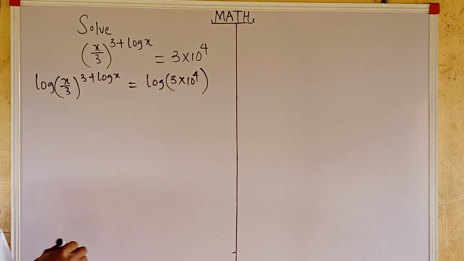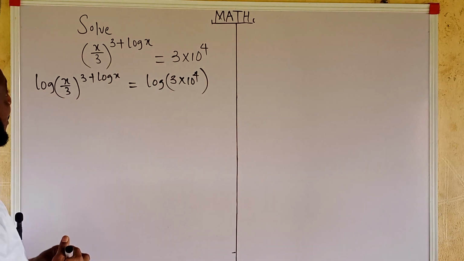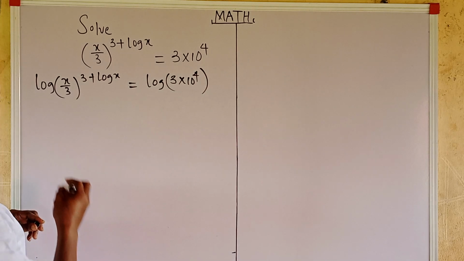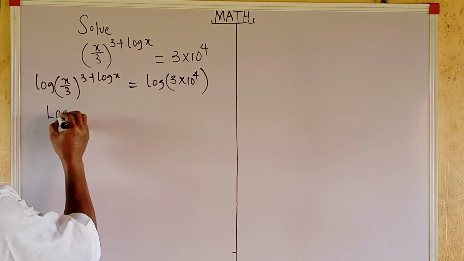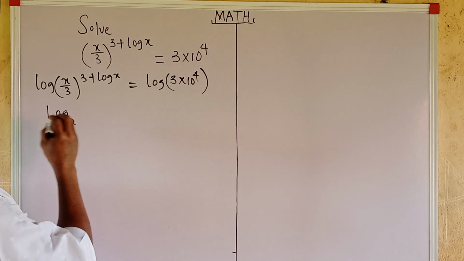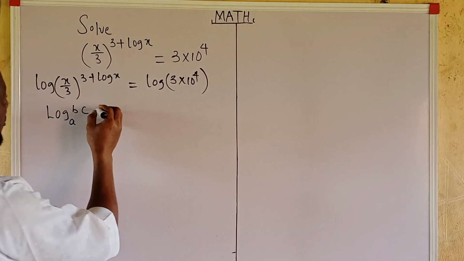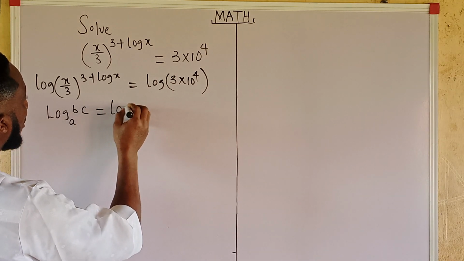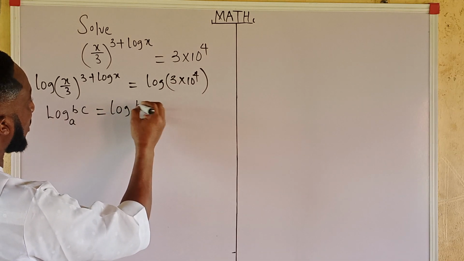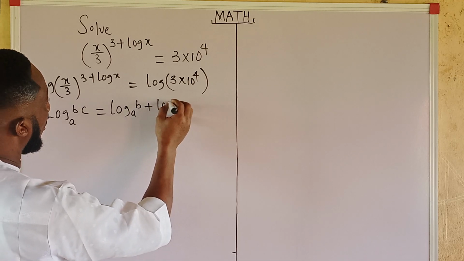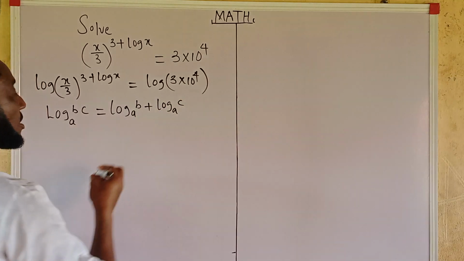Okay. Have we done this? The next thing is to use some of the fundamental theorems in logarithm. We know that if we have the log to the base a of the argument b multiplied by c, we can write this as log to the base a of b plus log to the base a of c.